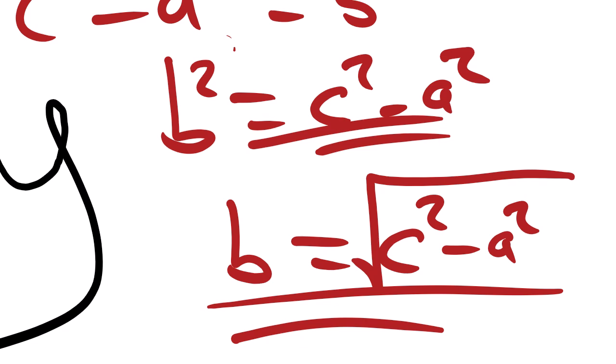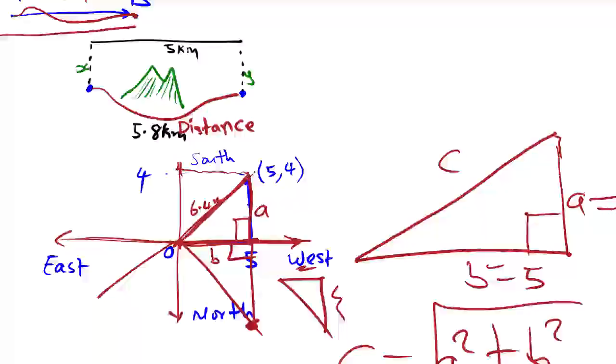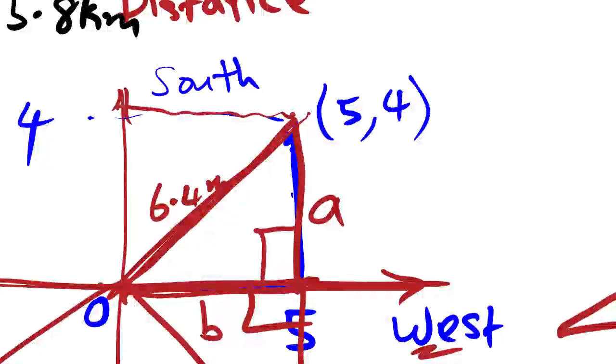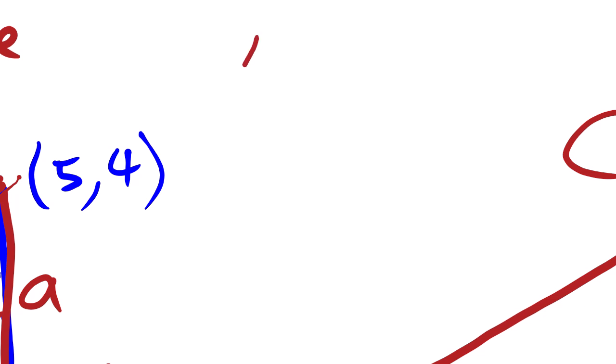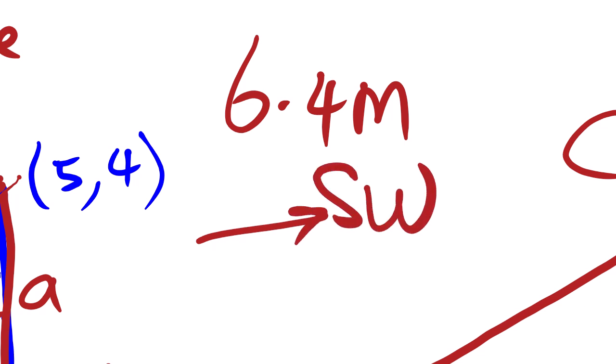So please practice coordination using these vertical and horizontal lines, and trace something in the middle or somewhere. State the direction, because now this is 6.4 meters, but even if I said 6.4 meters, this is not correct until I say in the southwest direction.